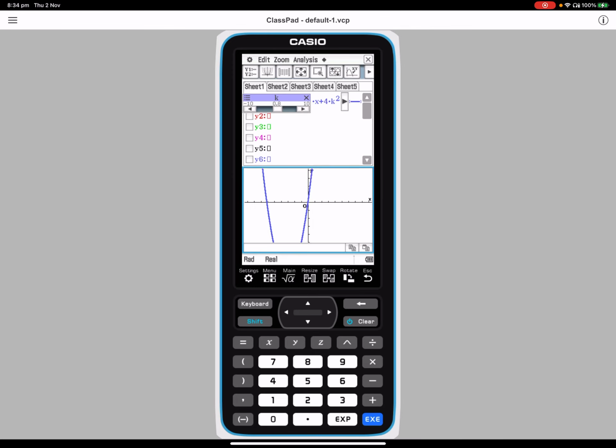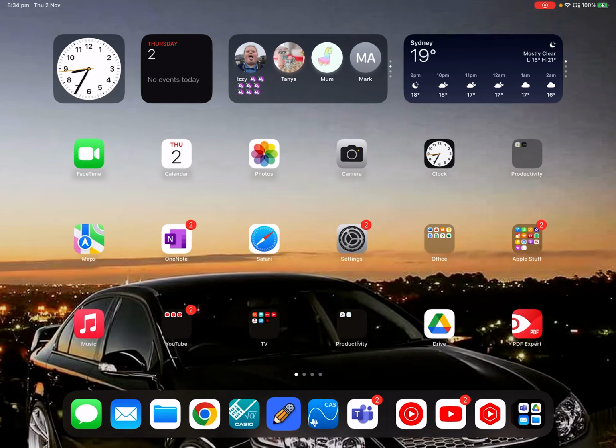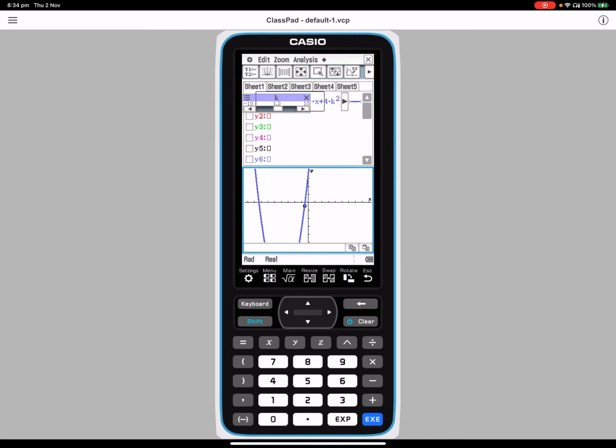Now the good thing here is that we know the values that we care about. 3 on 4, negative 3 on 4, etc. So 3 on 4 gives none. So 1 doesn't give us two positive x-intercepts. If we get to 0.7, we can say we've got a positive intercept and a negative.